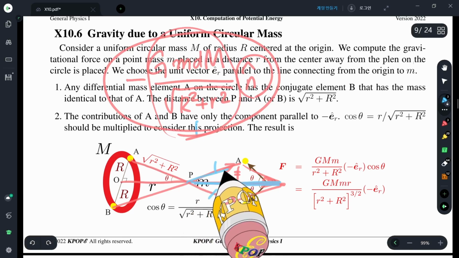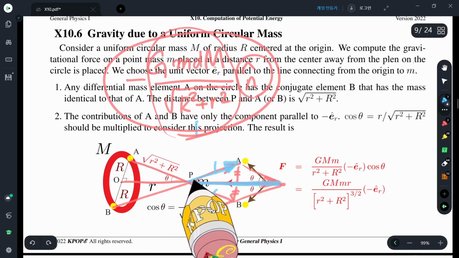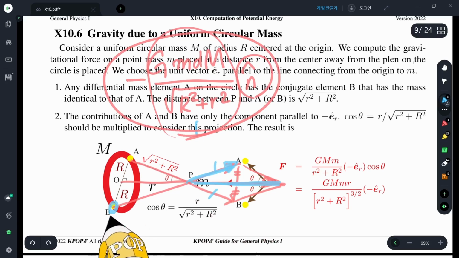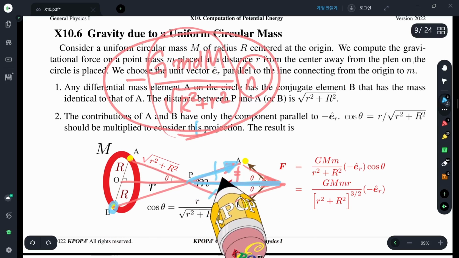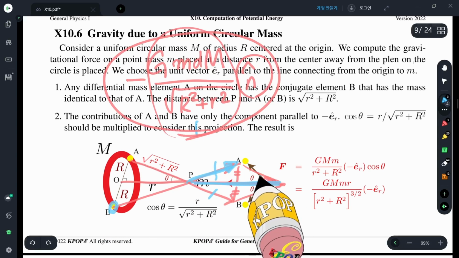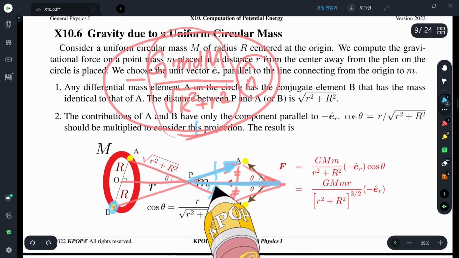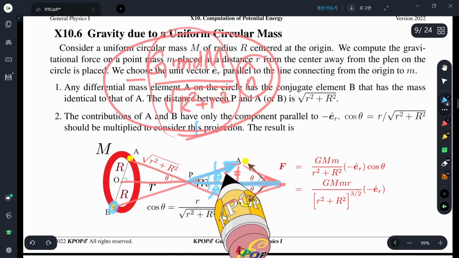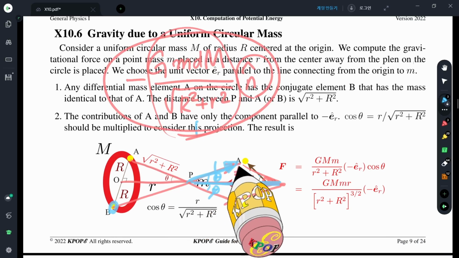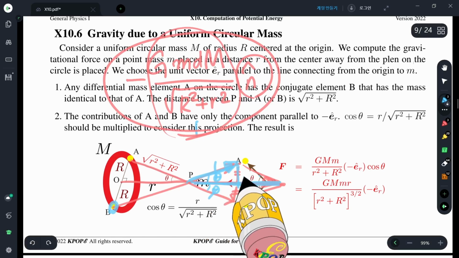Among the contributions, this is a gravitational force due to this amount. Only this theta, cosine theta. This is theta. The cosine theta contribution survives and the sine theta contribution disappears.